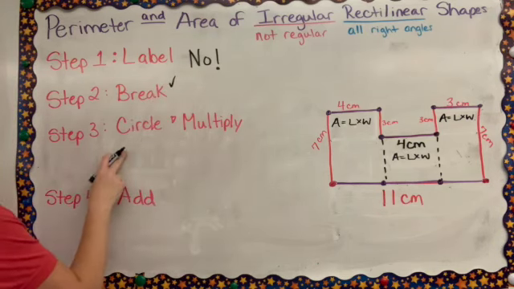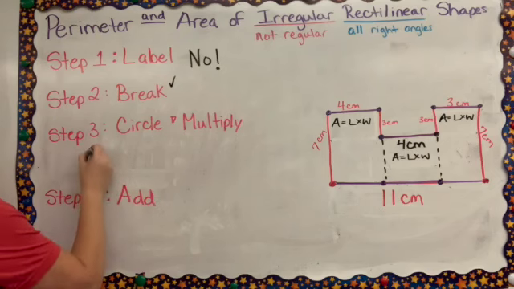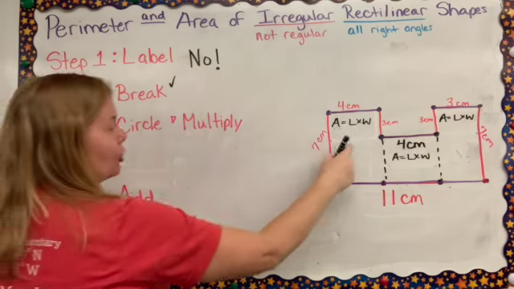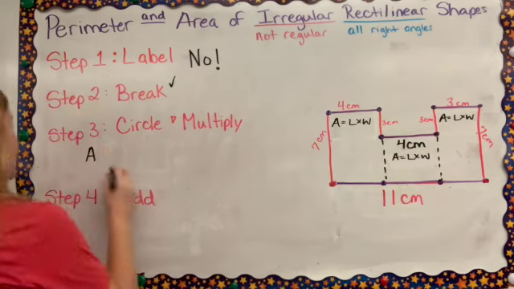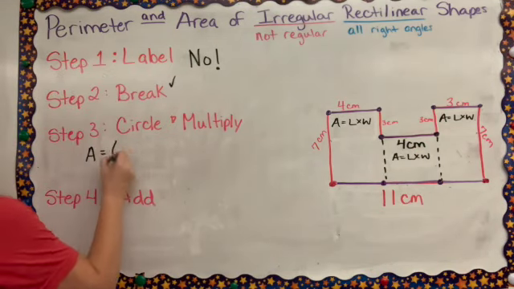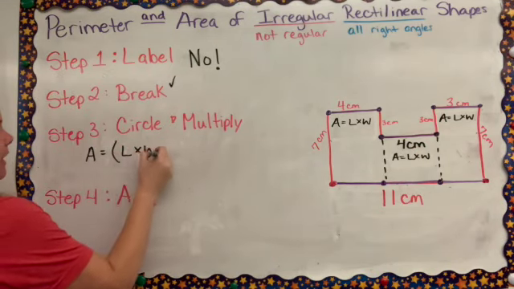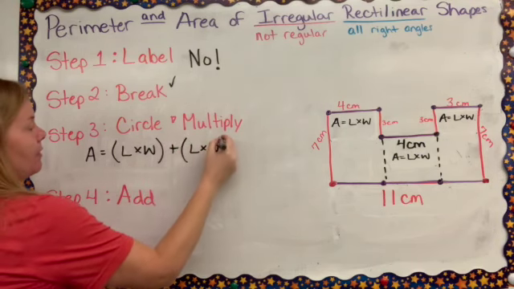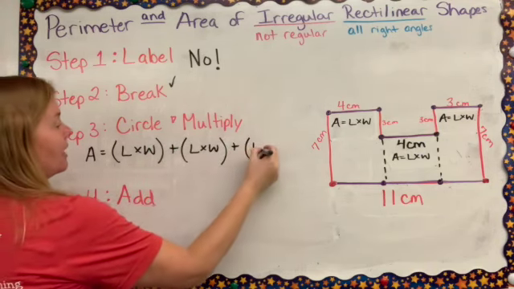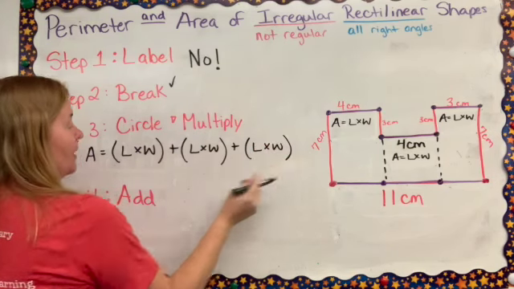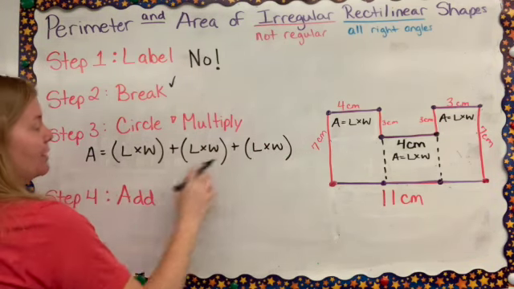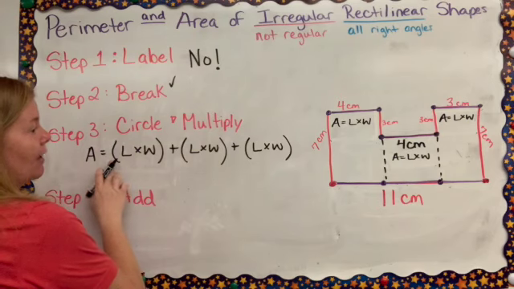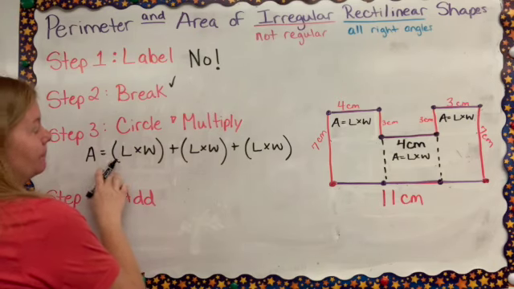When I go over here, I'm going to start with my formula, because this time I don't have 2, I have 3. So area equals length times width plus length times width plus length times width, because there's 1, 2, 3 rectangles over there for me to figure out. All right?